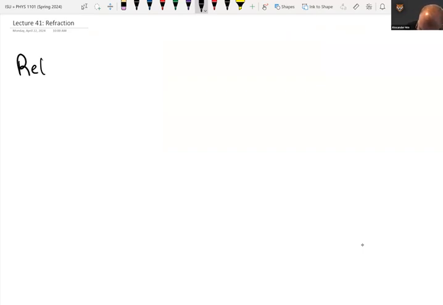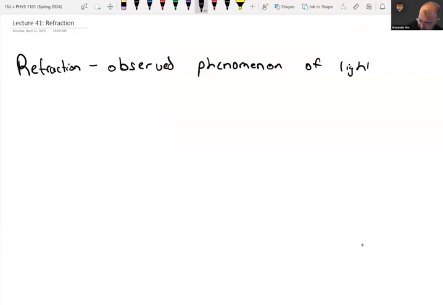Refraction is the observed phenomenon of light changing speeds in transparent media.